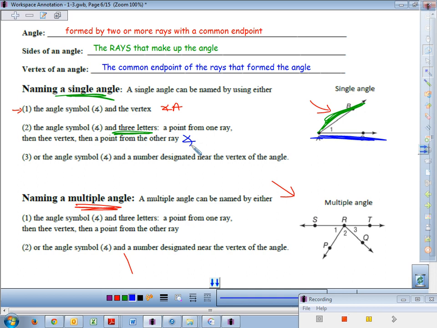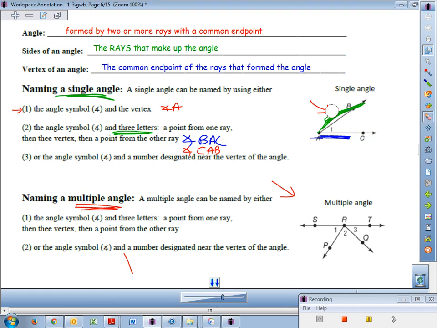We could call it angle BAC if we wanted to, because there's an A in the middle, and B's on the green ray, and C's on the blue ray. All right? What's the other way we can name this by three letters? Angle CAB is also a possibility.